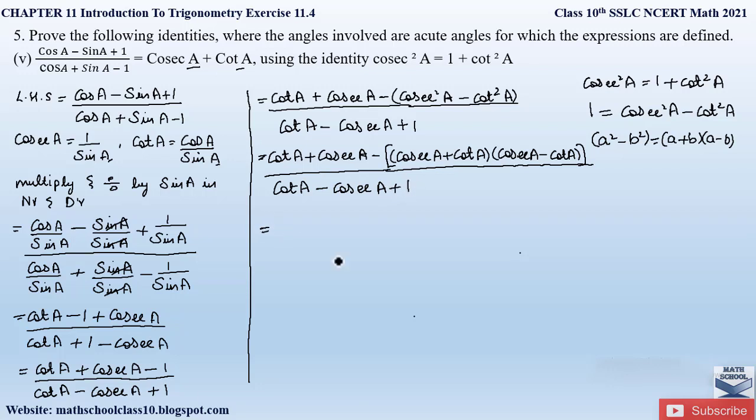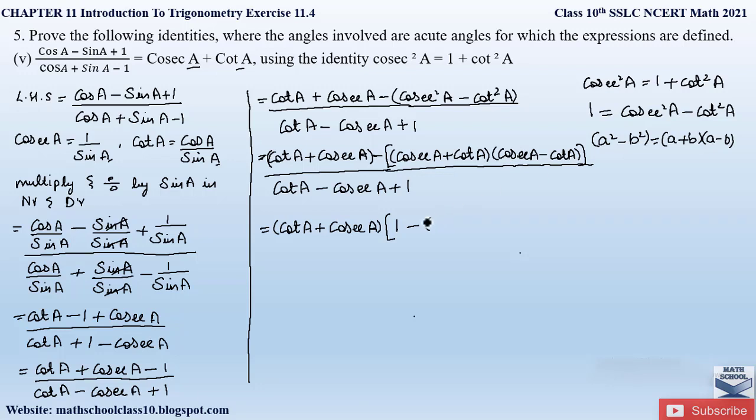Now let us take this cot A plus cosecant A common in the first term and the second term. Okay, the minus sign is there in between, so this becomes the first term and this becomes the second term. So let us take the common, that is cot A plus cosecant A. Right, so from the first term, if we take this common, what will be left behind? 1 minus, again when you take cot A and cosecant A outside this bracket, what will be left behind?